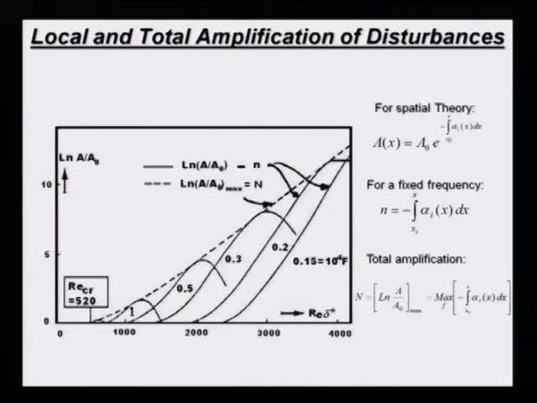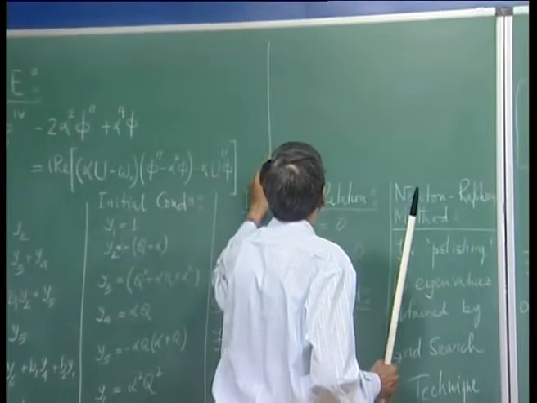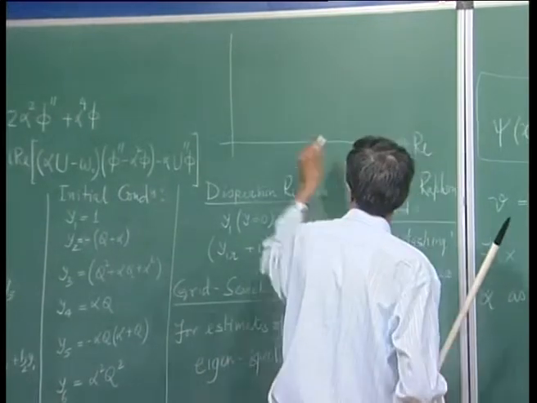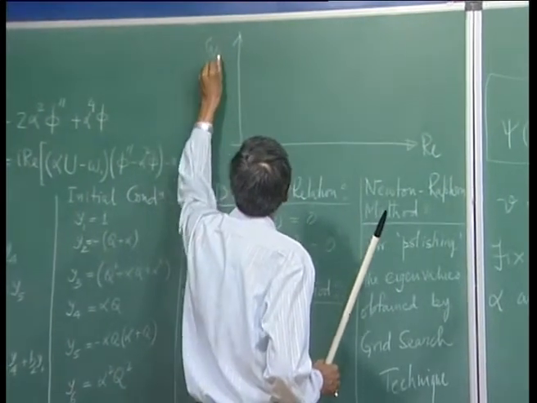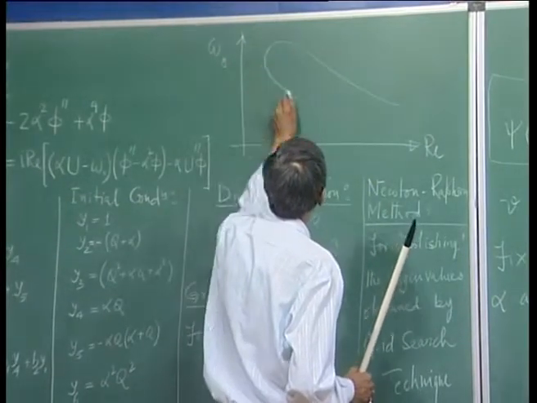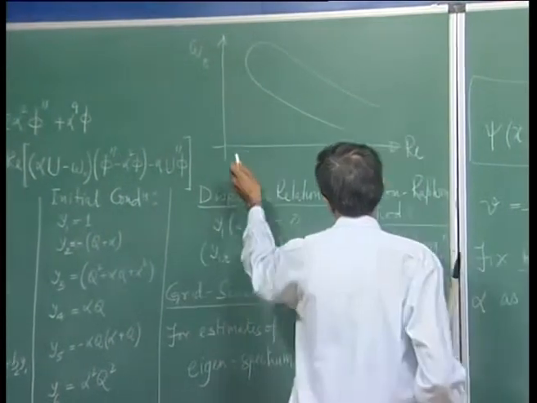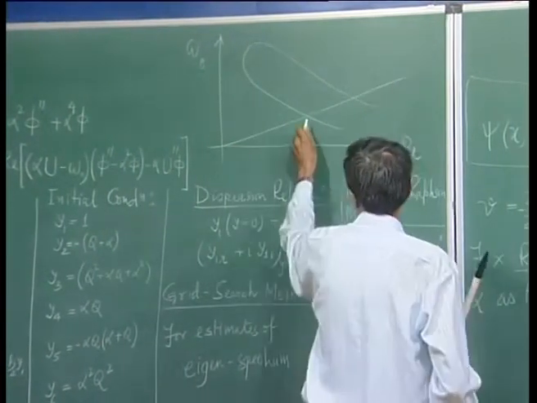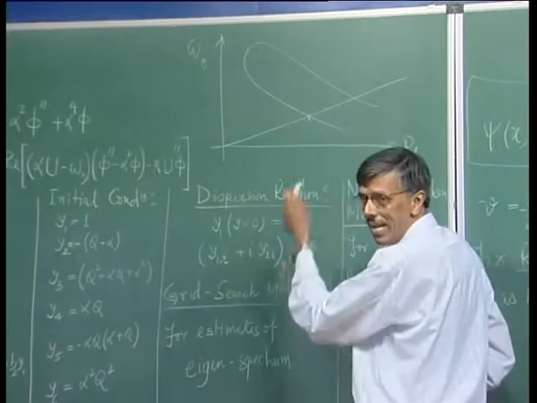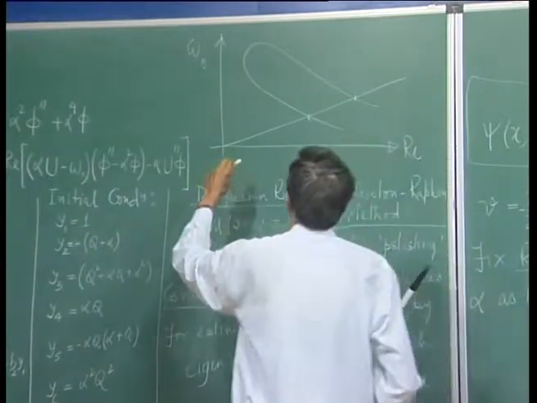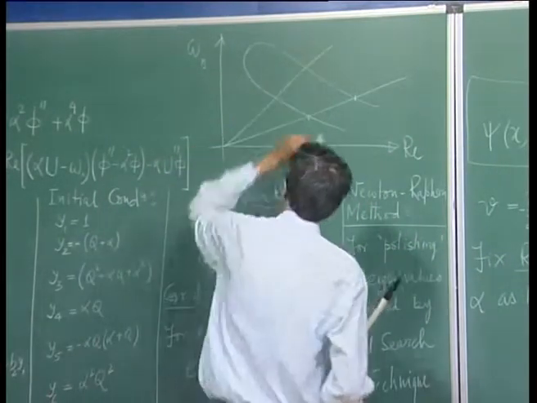Yes, because you can see that if I draw the neutral curve, this is the way the neutral curve is, right. Now, if I look at a low frequency, then what happens? It enters the unstable region later and exits also later, as compared to, let us say, another higher frequency, which will be like this.